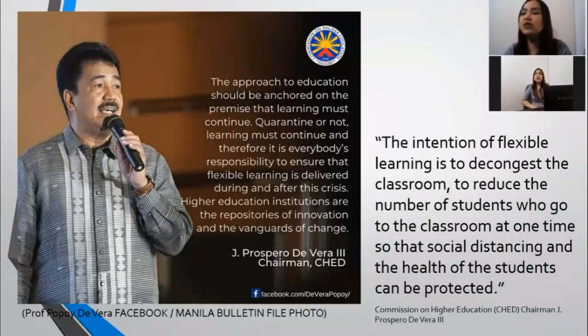The approach of education should be anchored on the premise that learning must continue. Quarantine or not, learning must continue, and therefore it is everybody's responsibility to ensure that flexible learning is delivered during and after this crisis. Higher education institutions are repositories of innovation and vanguards of change.